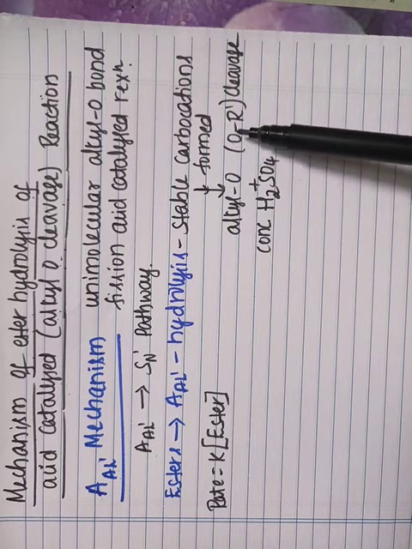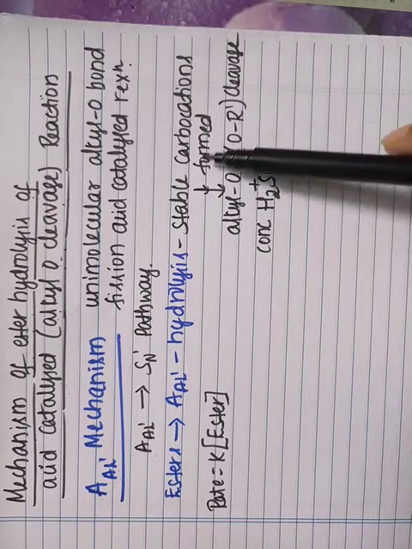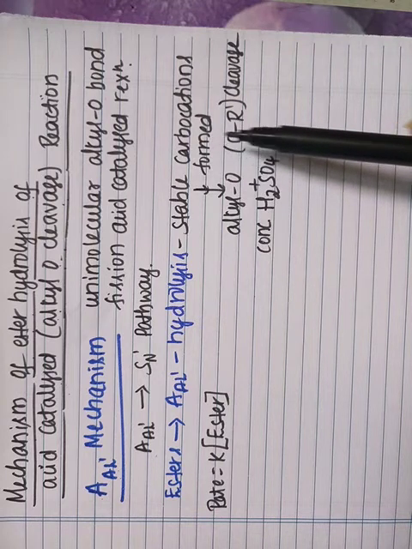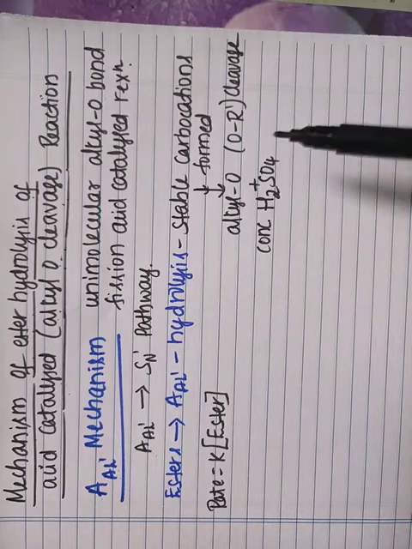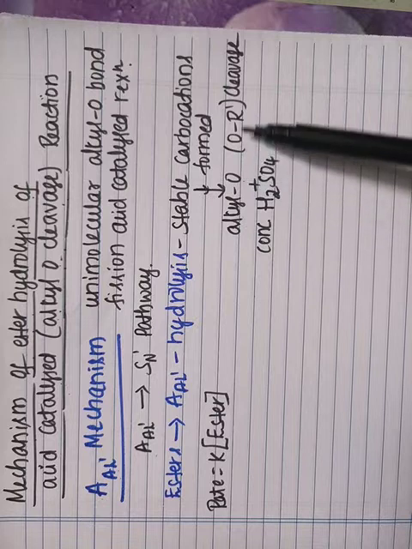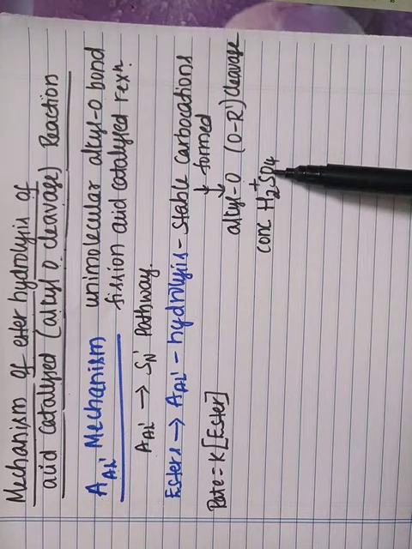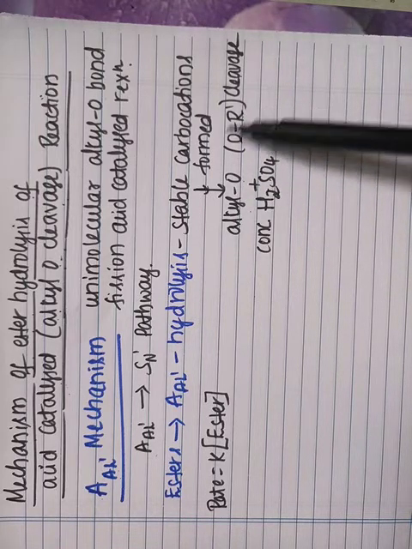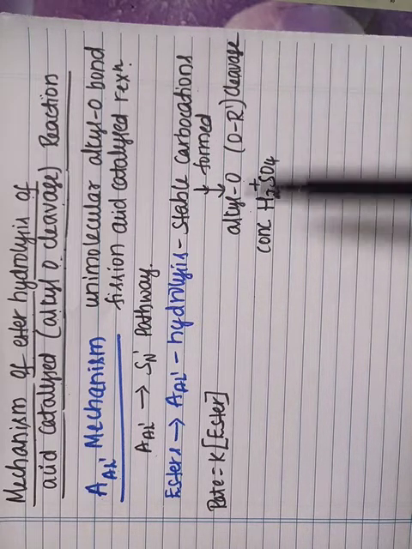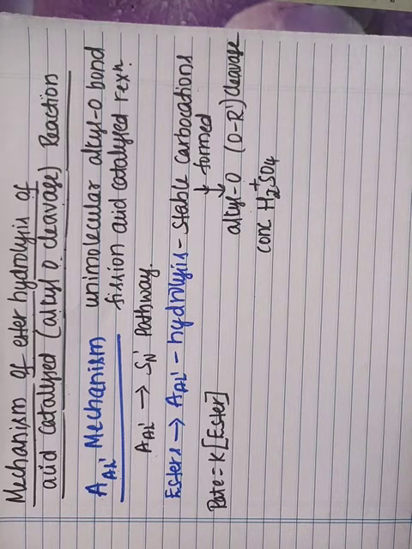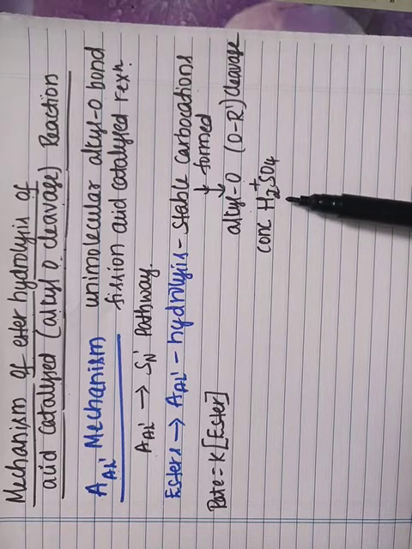That takes place only in the presence of concentrated sulfuric acid, because when the alkyl oxygen bond cleavage takes place, they form a stable carbocation. Therefore the alkyl oxygen bond will break, and that too in the presence of concentrated sulfuric acid.